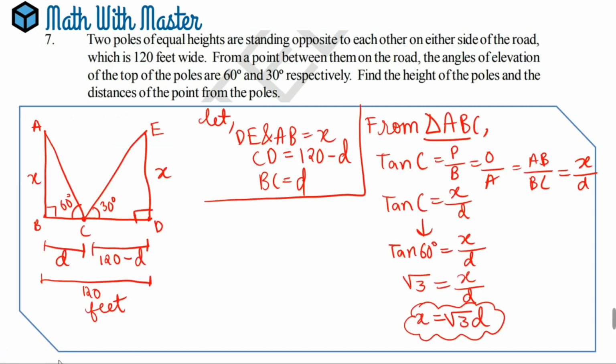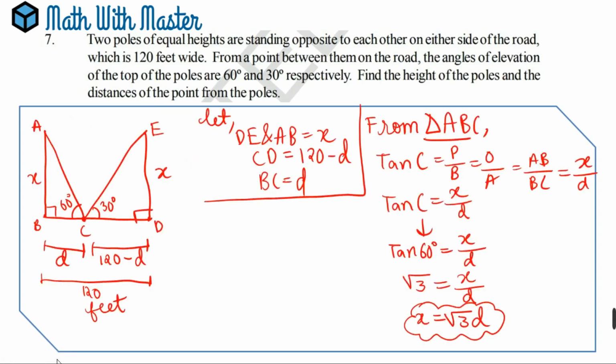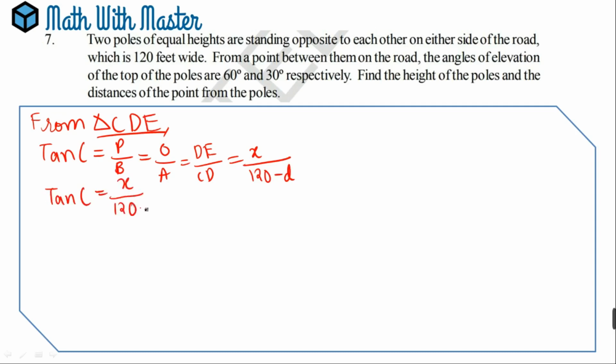So this is 30 degrees over here, and this is equal to DE upon CD, which is equal to DE is X and CD is 120 minus D. So I can say that tan C is equal to X upon 120 minus D. So instead of C, I can write tan 30 degrees, because if tan C is equal to tan 30 degrees, then C must be 30 degrees, and our C is 30 degrees.